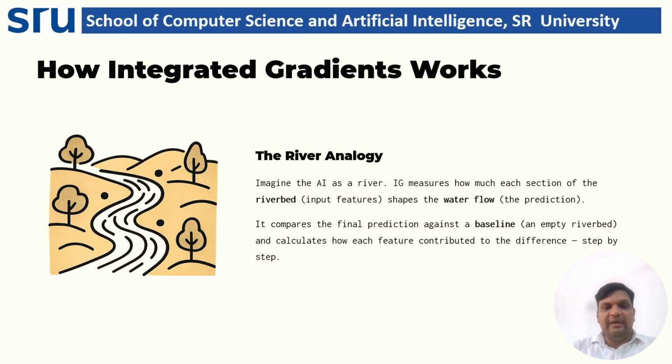Here it compares the final prediction against a baseline, an empty riverbed, and calculates how each feature contributes to the difference step by step. So we can say that it works just like a river.